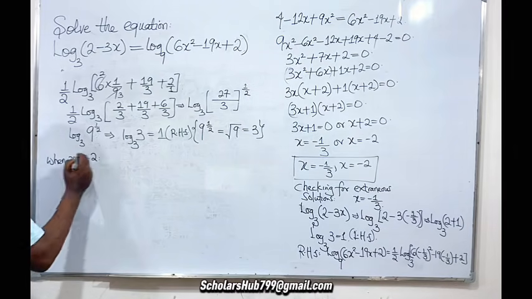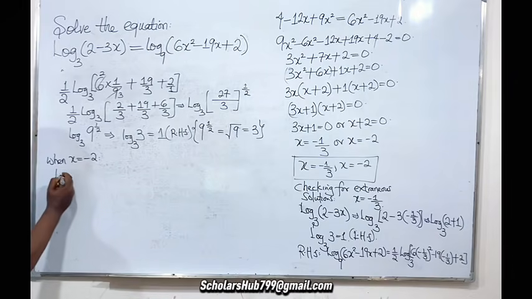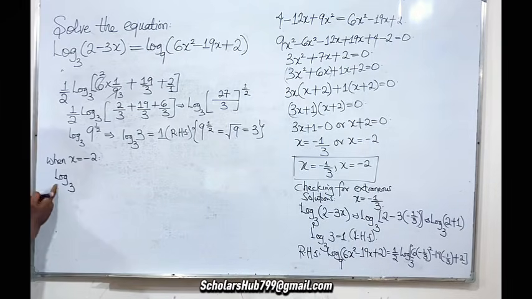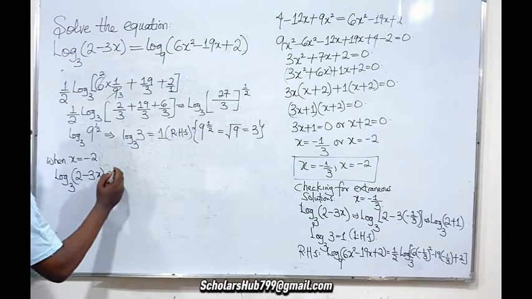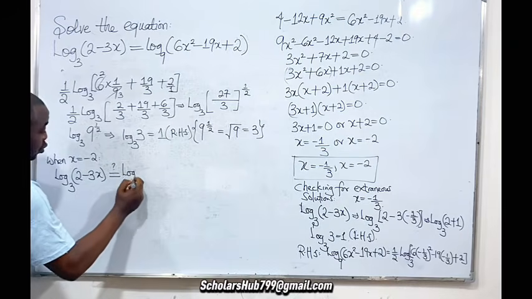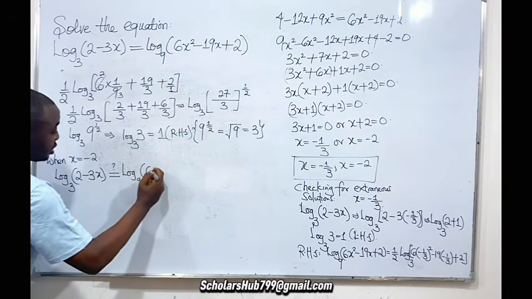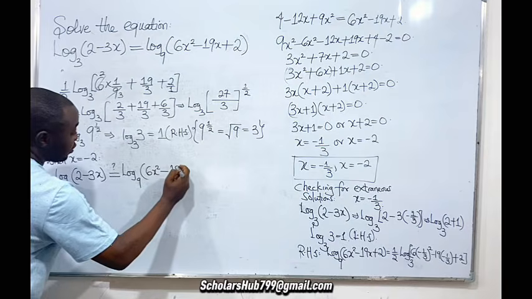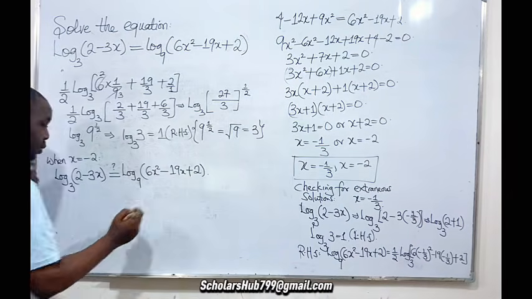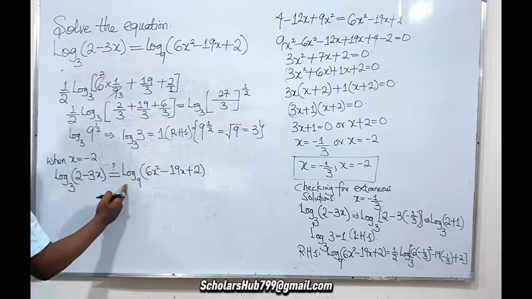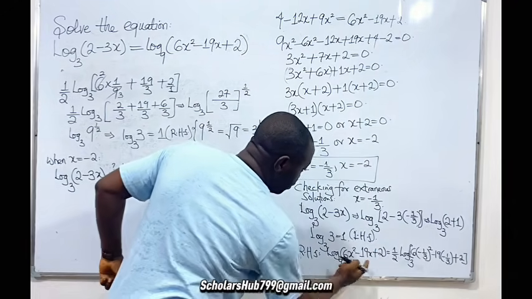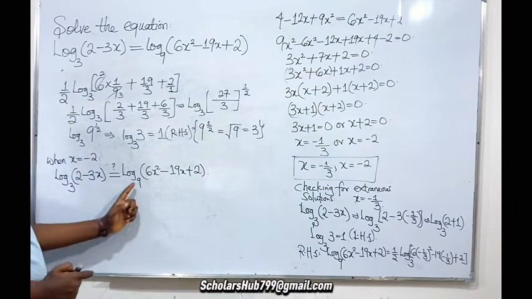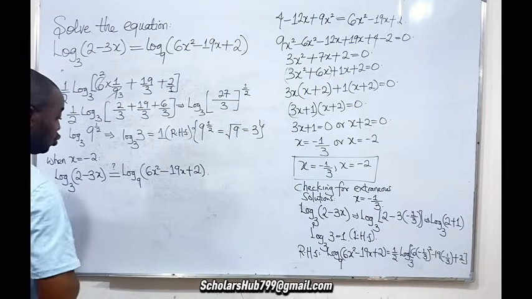Now when x is equal to minus 2, we have that the left-hand side, which is log to base 3 of parentheses 2 minus 3x, will be equal to log to base 9 of parentheses 6x squared minus 19x plus 2. Now again, I'm going to use 1/2 of log to base 3, after changing the base on the right-hand side to 3.